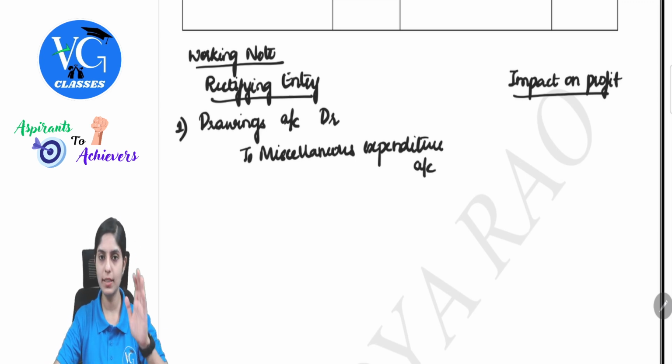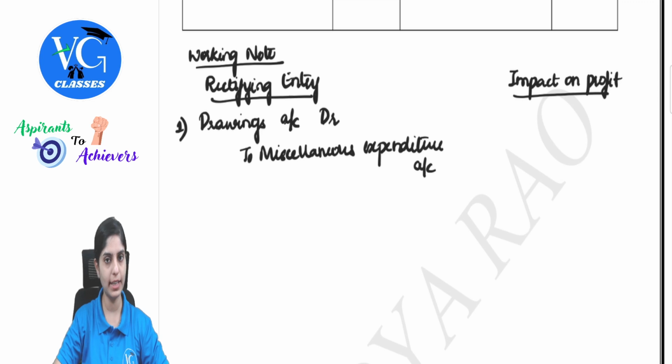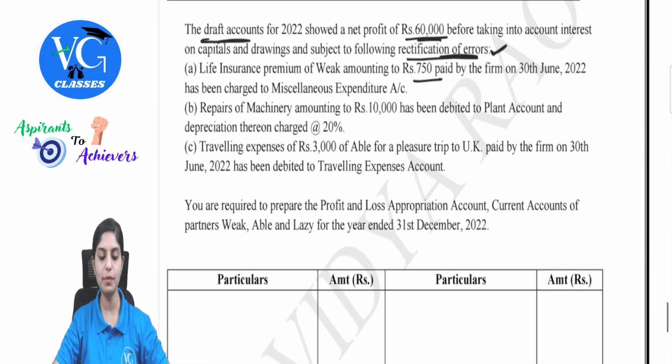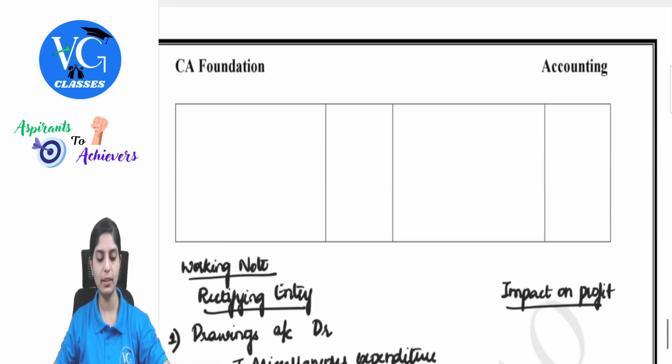Now understand with a simple logic, those which reduce the expense, on the other side increase our profit, yes or no? From the profit and loss account, we are getting a net profit of 60,000. This is anyway arrived, but there was an error which is involved. Now, after rectifying, this also needs to impact my correct profit. So now what happens here?